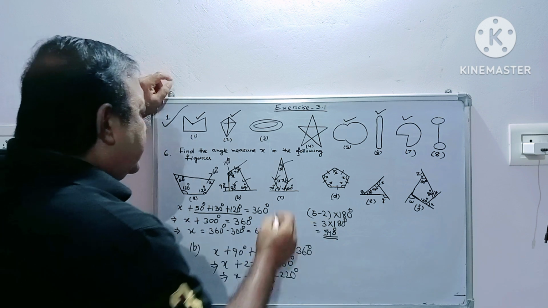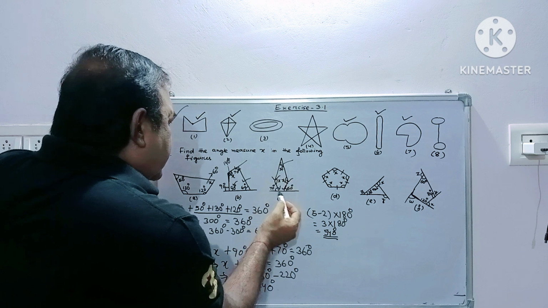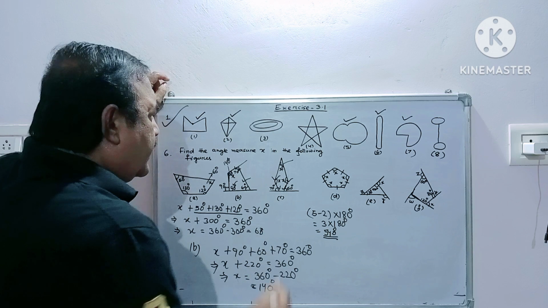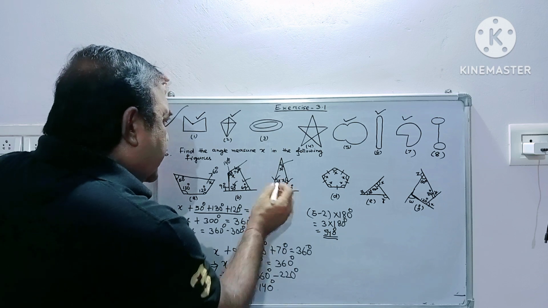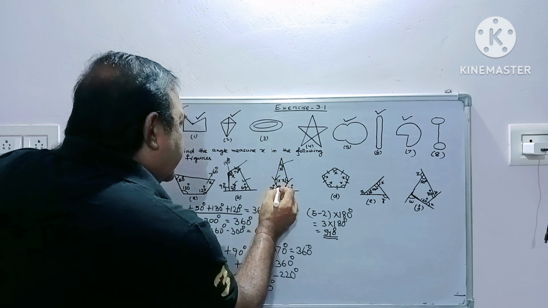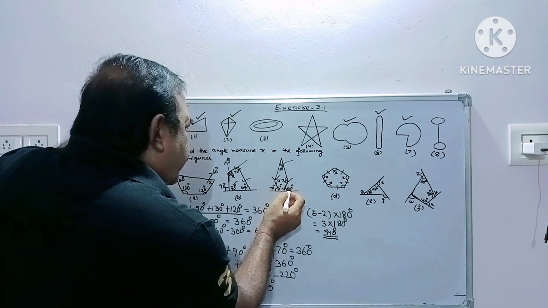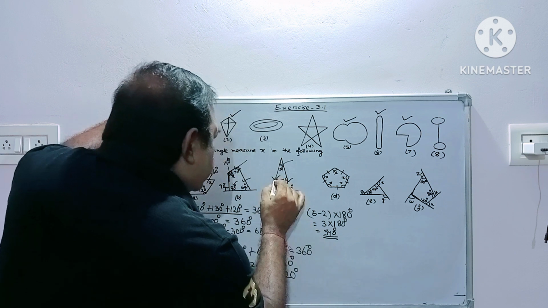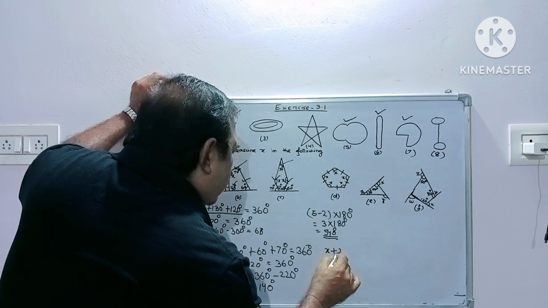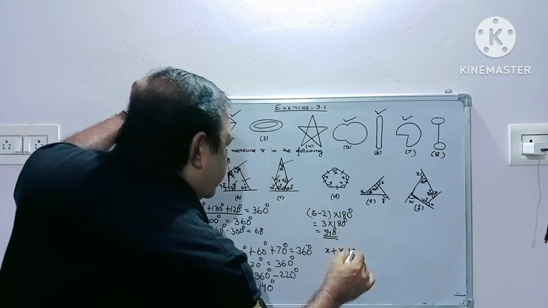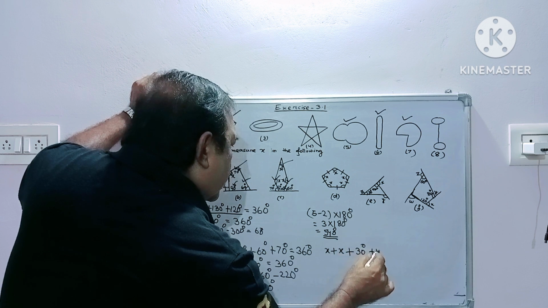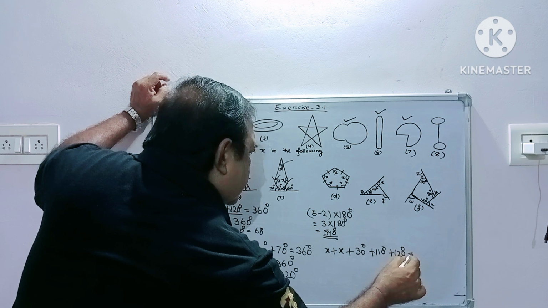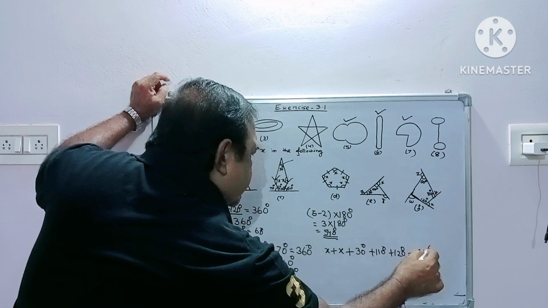So what we will do here, you see this is 30 degrees, and we have to find this angle. You see both these two angles are a linear pair of angles, so the sum of the measures of the two angles will be 180 degrees. So if it is 70 degrees, the other is 110 degrees, and if it is 60 degrees, the other is 120 degrees, like this. Now we will start from here. Let it be x, we will add x plus x plus 30 degrees plus 110 degrees plus 120 degrees, and the sum will be 540 degrees.